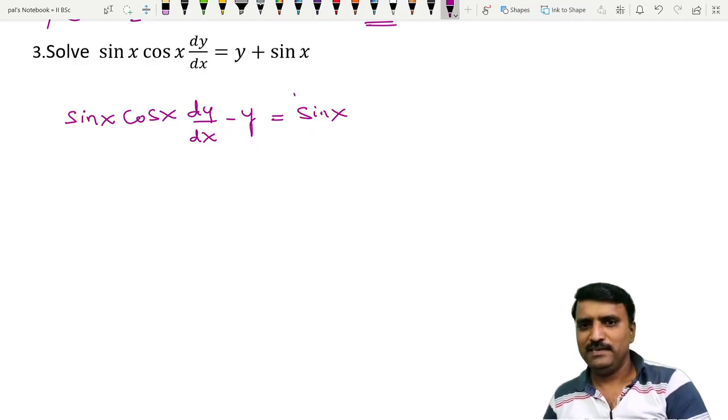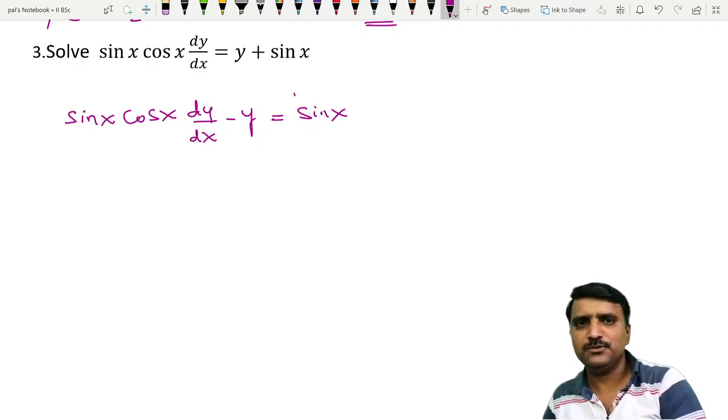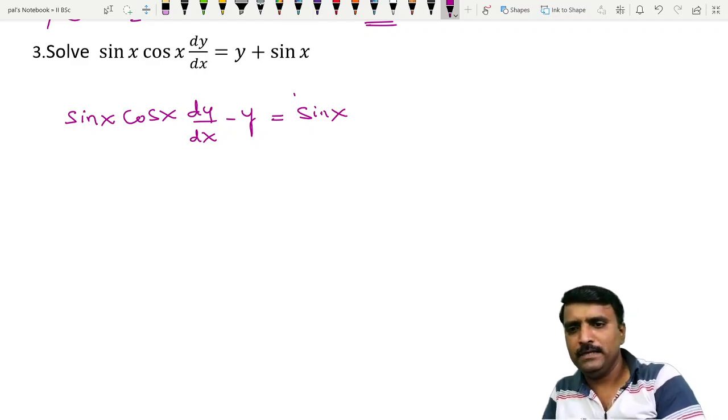Now we have to remove this sin x cos x, because the first term should be dy by dx only. So for that, divide throughout by sin x cos x.